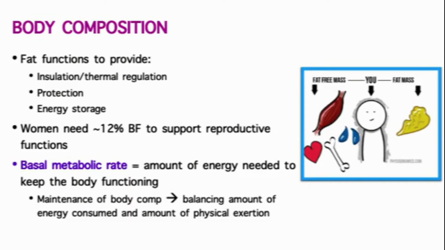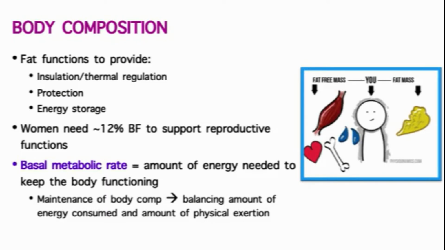I don't remember the actual name of it. Amenorrhea is one of the factors that is usually an identifier for an eating disorder, specifically if there is a lack of eating, such as in anorexia. But women need about 12% body fat to support their reproductive function and to have normal hormonal regulation, specifically for the gonadal hormones.